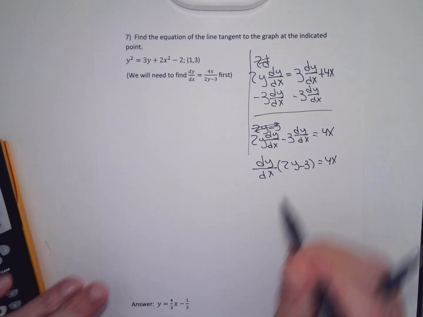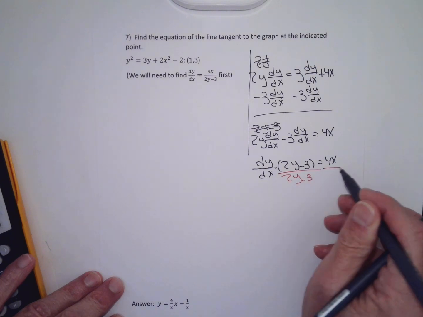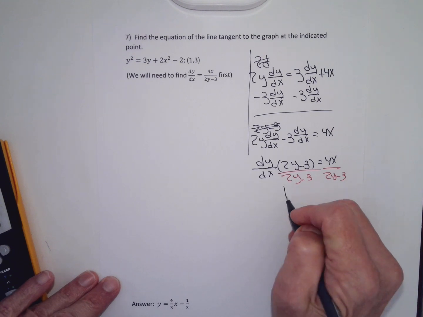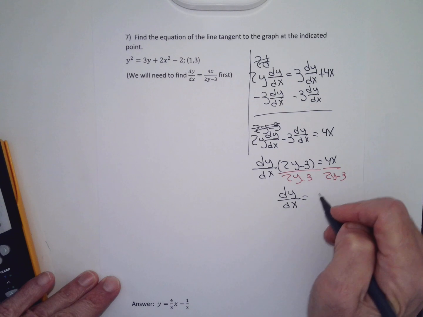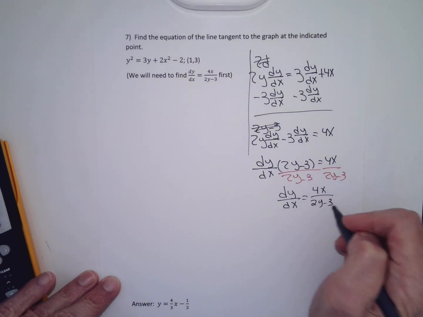And then I can divide both sides by 2y minus 3 and get the derivative, if it's not already given to me, or if I didn't already compute it for another problem, is 4x over 2y minus 3.